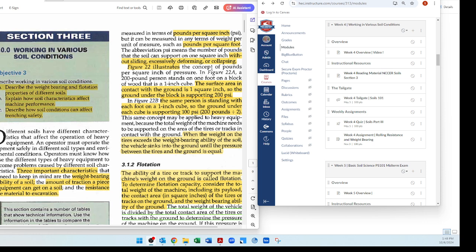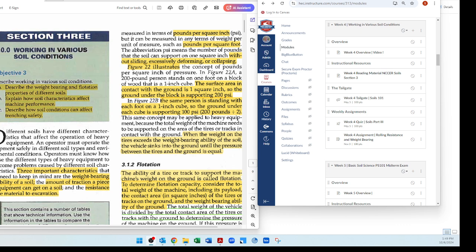The abbreviation PSI means the number of pounds that the soil can support on 1 square inch without sliding, excessively deforming, or collapsing altogether. Figure 22 illustrates the concept of pounds per square inch of pressure.